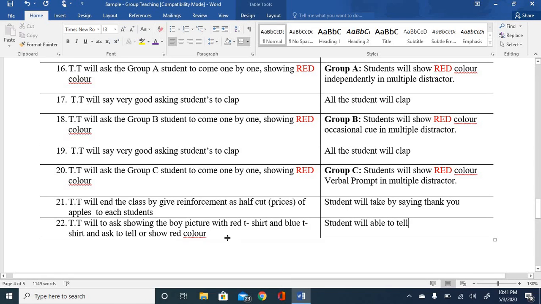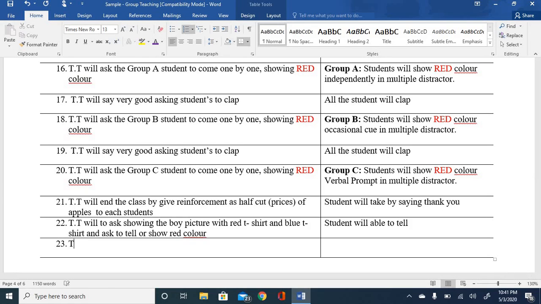It's not only from the picture, but the teacher trainee, TT, can also take them to a different classroom and ask for the red color. In that way the student will be able to identify.